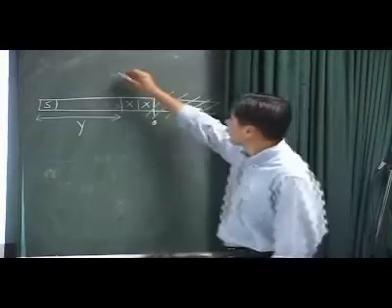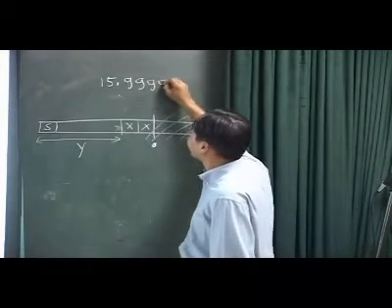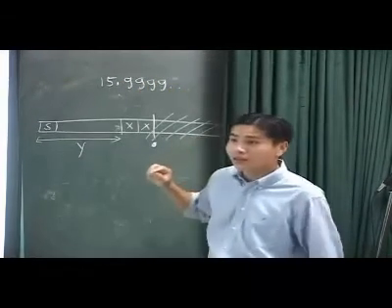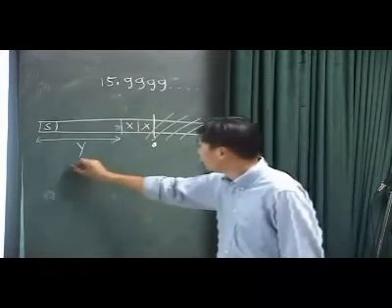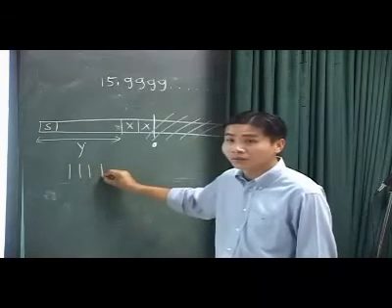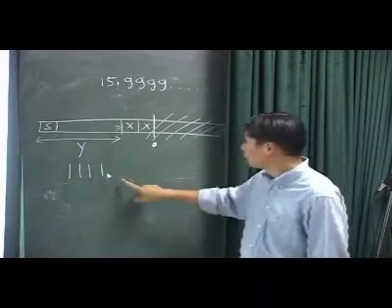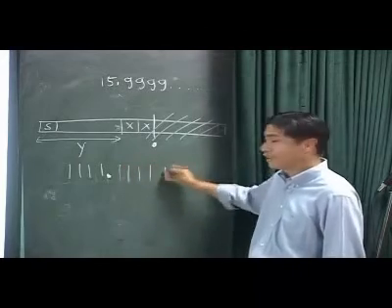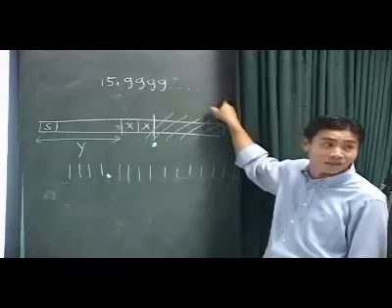All you have to do is get to 15.999999. How do you get 15.9999999? I need 1111, which is 15, and then I need a lot of 1s here. That's how I get 9999999.